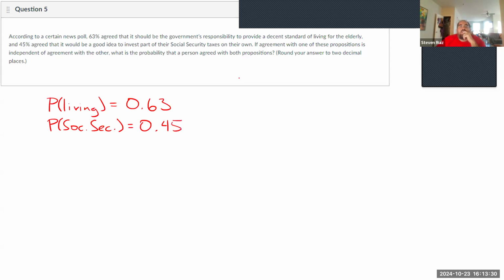Okay, what else do we know? If agreement with one of these propositions is, this is a key word, independent of agreement with the other, what is the probability that a person agreed with both? Okay, so these are totally independent. So how do we find the probability that they agree with both? That's going to come from multiplying these things together. So what is this probability, living and Social Security?